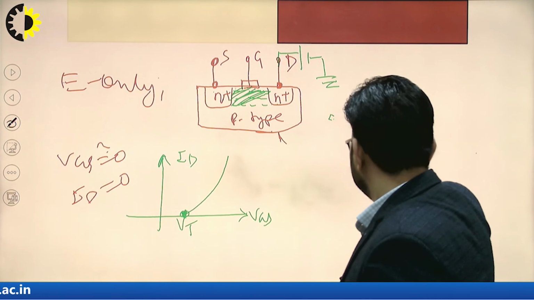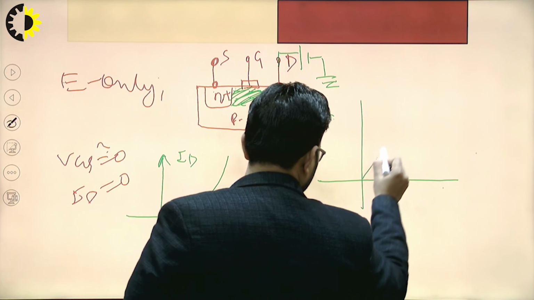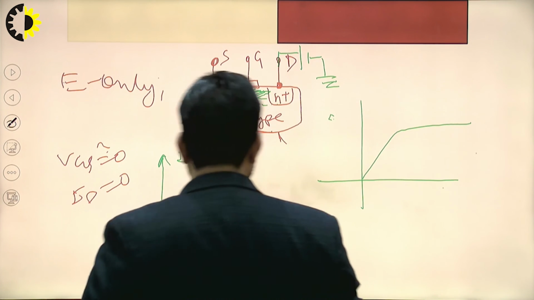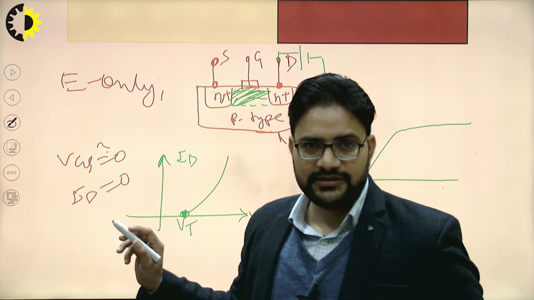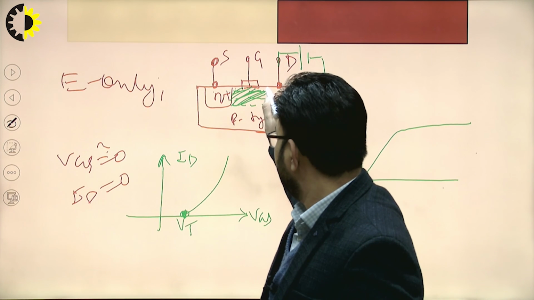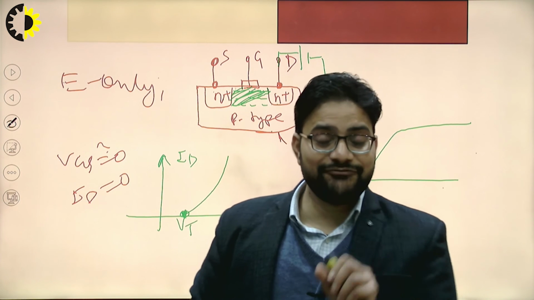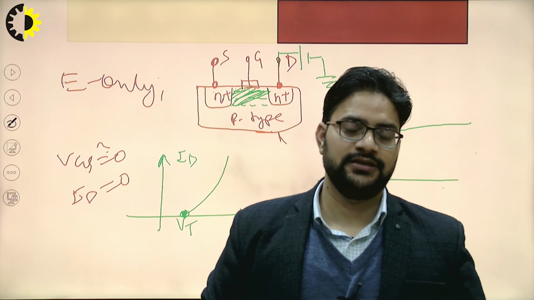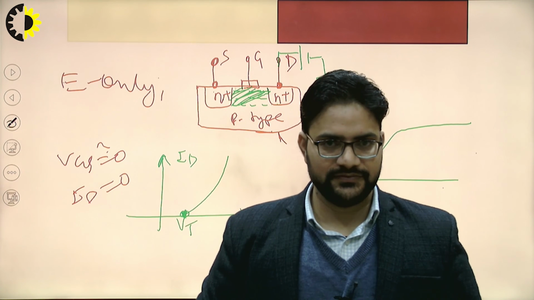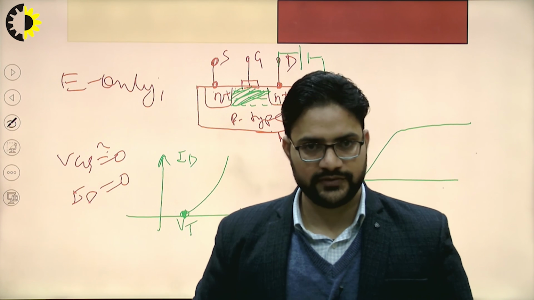So your characteristics will look like this. Okay, now a point will come when this channel will be reaching this point, and at the same time an electric field will be produced, and it will cause a constant current, which is the maximum drain current, to flow, right?